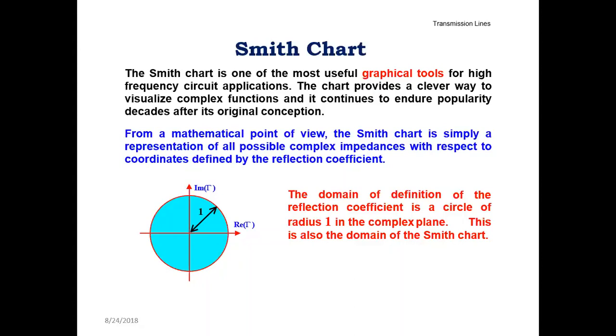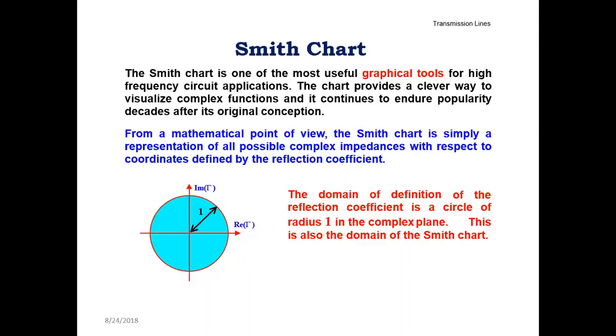It is a clever way of visualizing complex functions so that you can find all the parameters that come up in the transmission line. Here the normalized impedance, admittance and reflection coefficient are plotted mainly to find the magnitude in the radial direction and the phase in the angular direction.